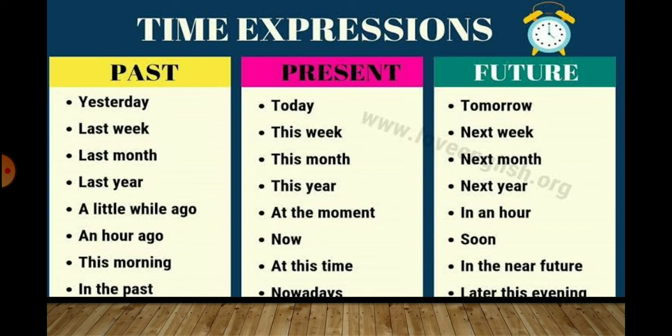For the present time, we use words like today, this week, this month, this year, and so on. For future time, we can use words like tomorrow, next week, next month, next year, in an hour, soon, and the rest of the following words.